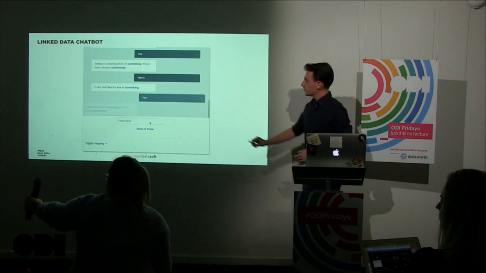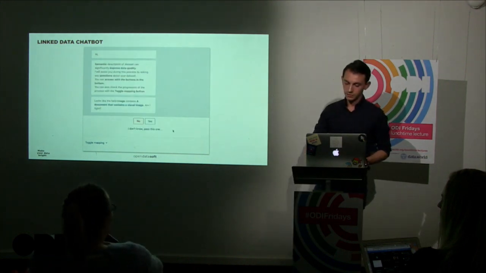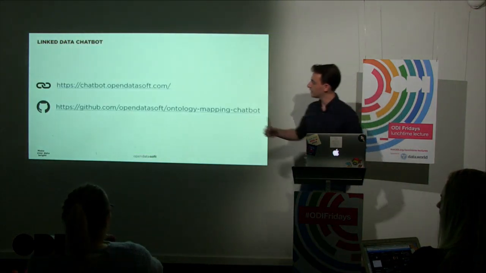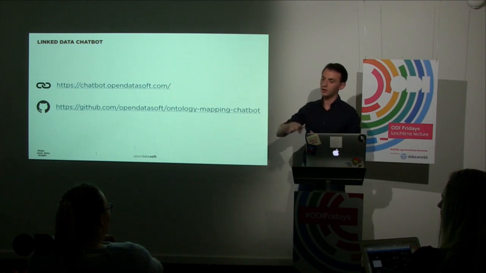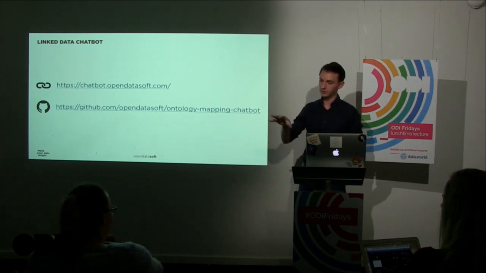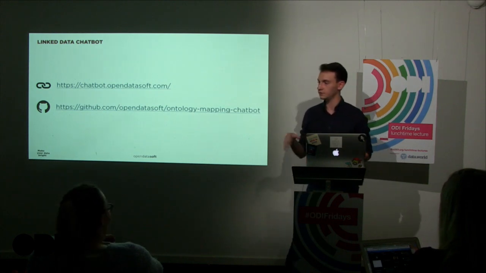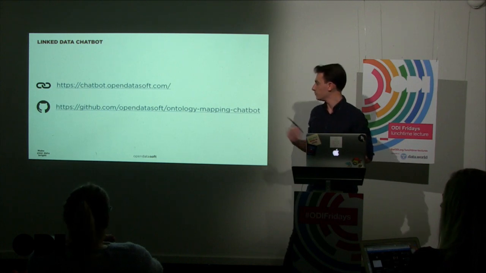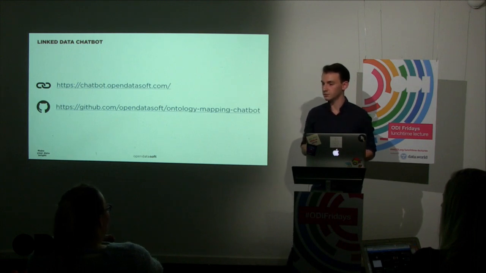So for the moment, this tool is implemented to get data on the OpenDataSoft platform. Okay, so it's a specific format. It's a JSON dataset. But it can be extended to get other types of datasets.